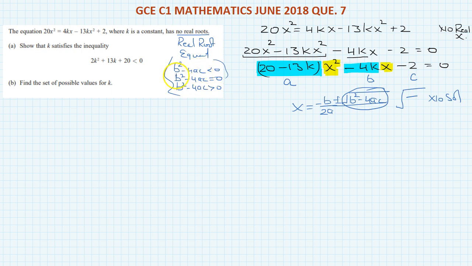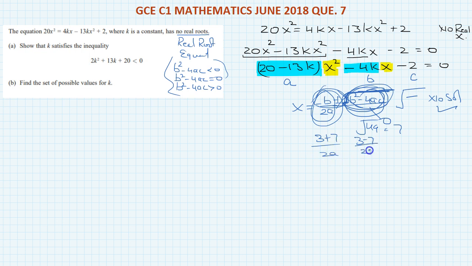Now if this is 0, it has only one solution, this plus minus disappears. But if this is say 49, root 49 is 7, and suppose this is 3, so 3 plus 7, 3 minus 7 over 2a. So you are getting two solutions.